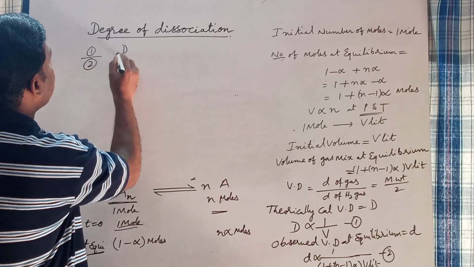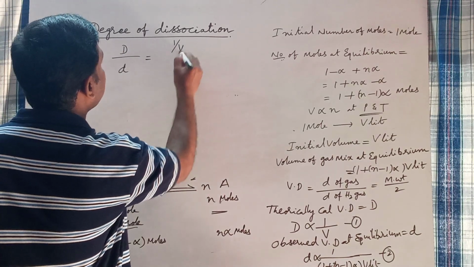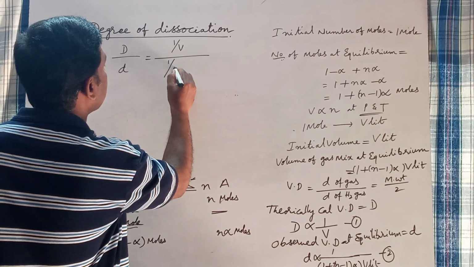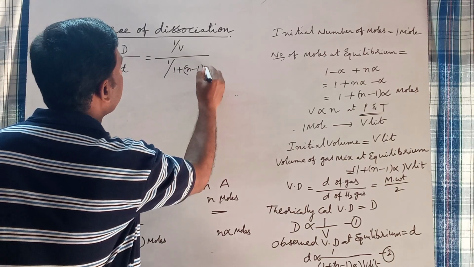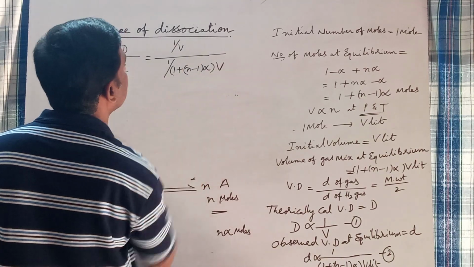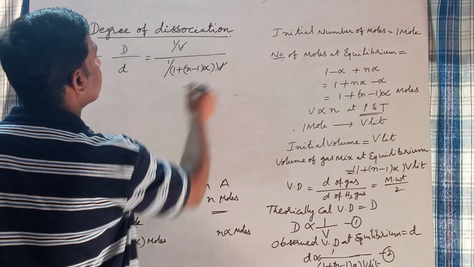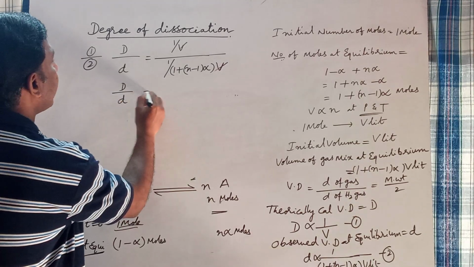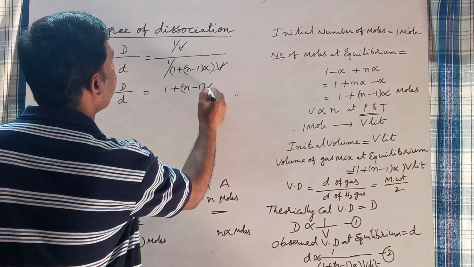That is capital D by small d equal to (1/V) divided by 1/([1 + (n − 1)α] V). Here V gets cancelled. Therefore, D/d = 1 + (n − 1)α.